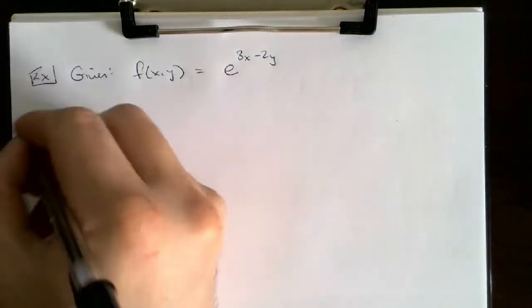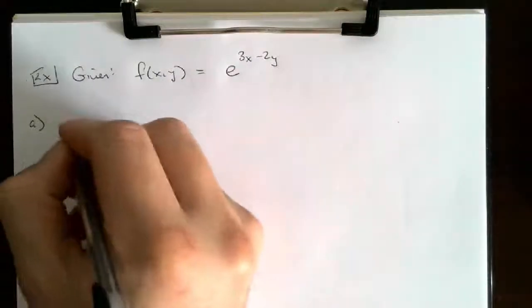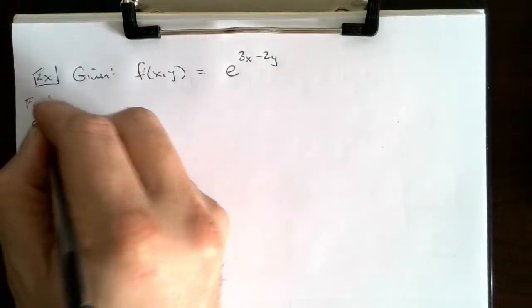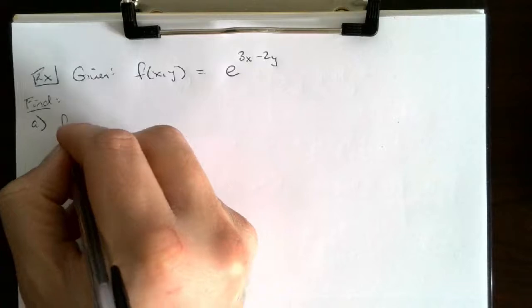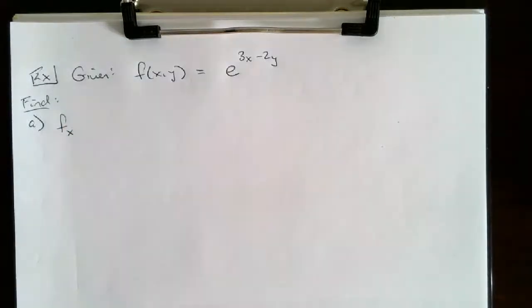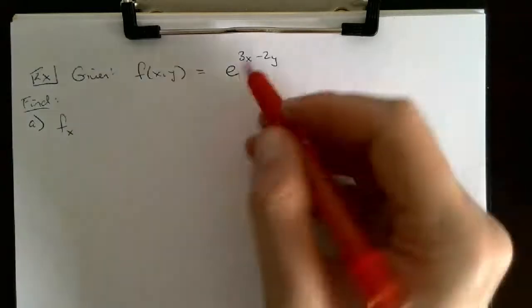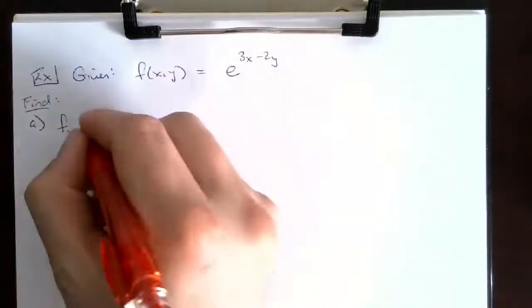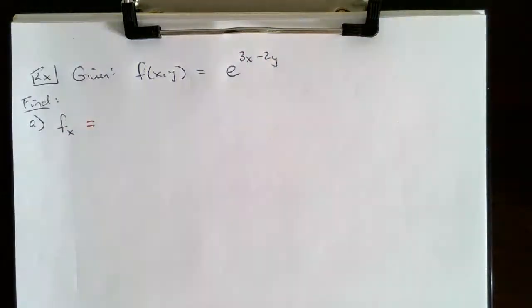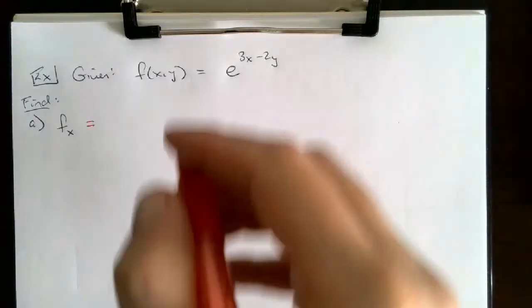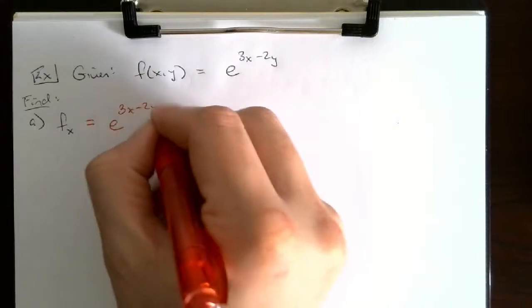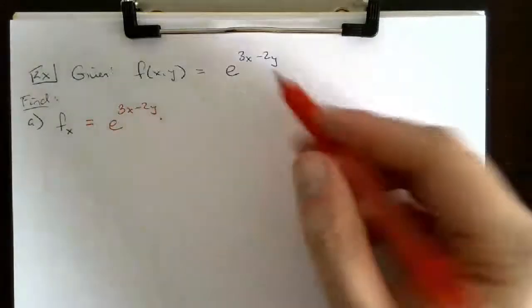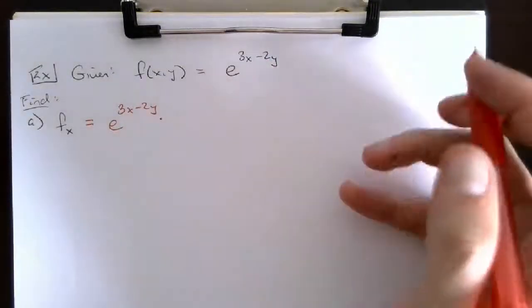All right, we're looking for the partial derivative. So find, for the first one, the partial derivative of f with respect to x. Well, this is e to a power, and remember how we handle derivatives of e. We write exactly what we see. So we're going to write e to the 3x minus 2y multiplied by the derivative of the exponent. This is the chain rule for e, is what we're really doing.